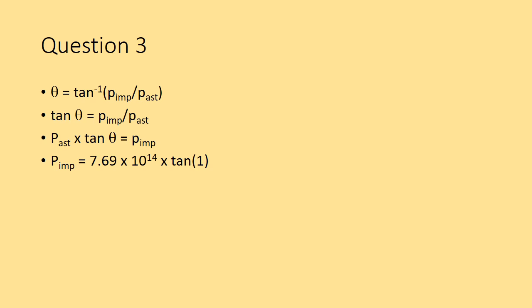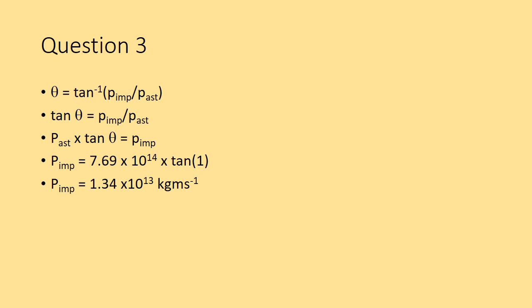So plug in those numbers. The momentum of the impactor is 7.69 times 10 to the 14 multiplied by tan of 1. And that gives you a total momentum of 1.34 times 10 to the 13 kilograms meters per second. That's the momentum of the impactor that you would need to cause a change in direction of 1 degree.